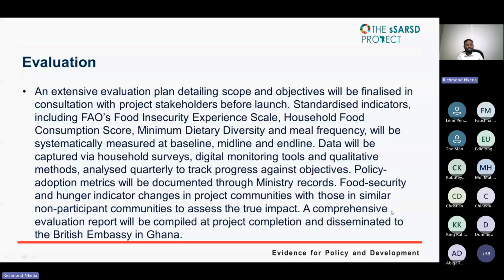If you say contributed, it could be your project only, or it could be other people's projects, or a combination of the two, which is fine. Then when you have done all this analysis, you need to write an evaluation report and disseminate it to all those that matter, from the Ministry of Food and Agriculture to the British Embassy in Ghana to the Commonwealth Scholarship Commission. All the stakeholders who matter here, you need to disseminate your reports to them.